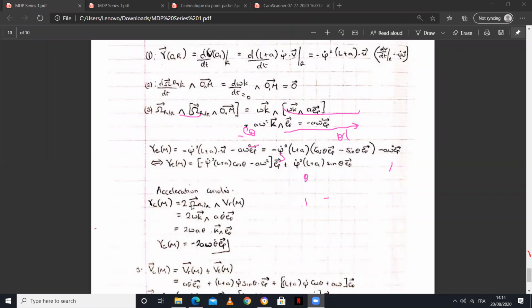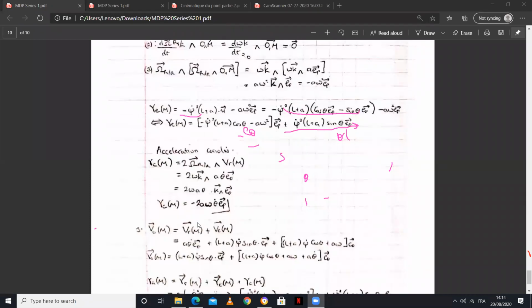And omega we know is omega K, so 2 omega K. Then the scalars, we can just get them: 2A theta point omega K vectorial E theta is minus euro. We already did this in the above question. That's why it gives us minus 2A omega theta point euro as our gamma Coriolis.